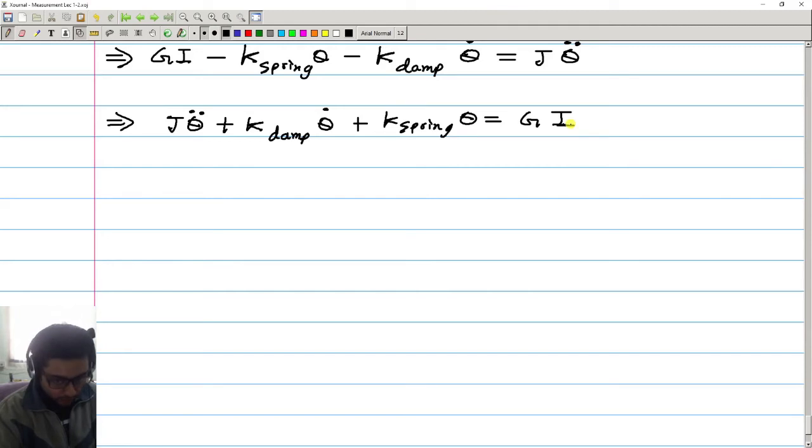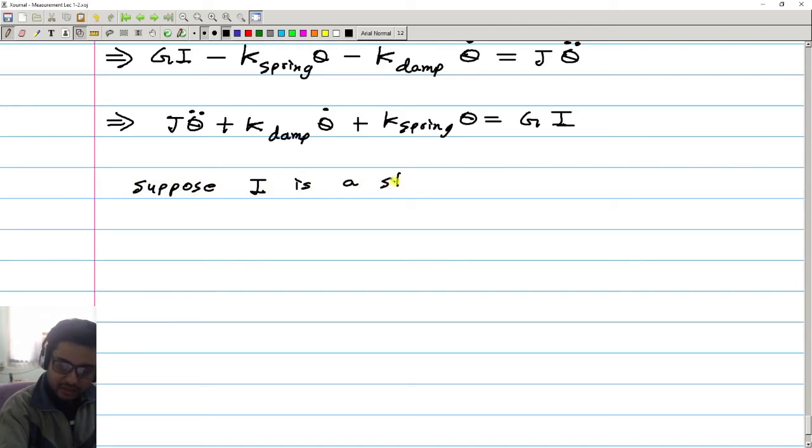And in your previous signals and networks course or some similar course, you must have studied how to solve such a differential equation. Now assume I is a step function, like this. That means you have applied a current suddenly.